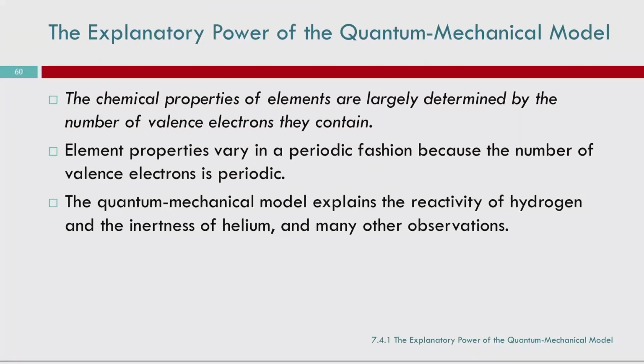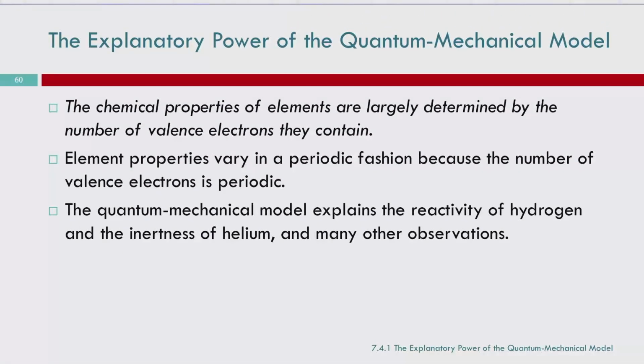All right, so one of the cool things about the quantum mechanical model is that the chemical properties of our elements is largely determined by the number of valence electrons they contain. So part of the reason we're focusing on valence electrons is because elements in the same column have a similar number of valence electrons, and so they also have similar properties.